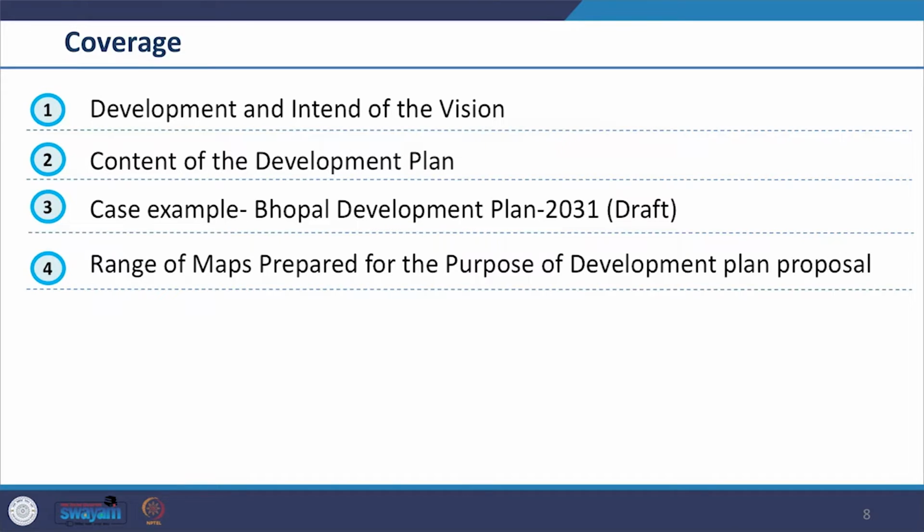Accordingly, the coverage of this session will include development and intent of the vision, content of the development plan, particularly development proposals, case example Bhopal Development Plan 2031, range of maps prepared for development proposals.